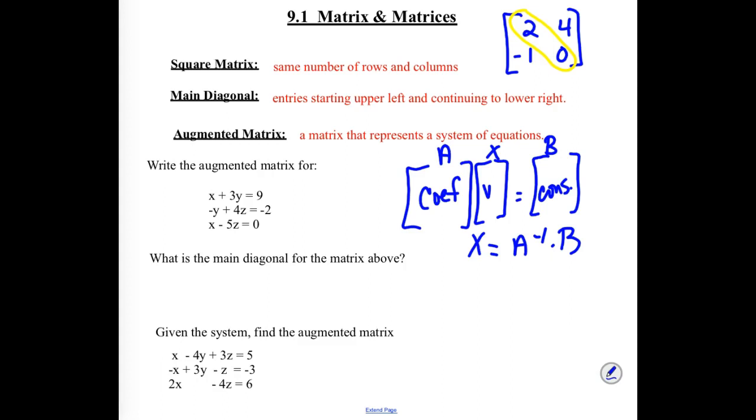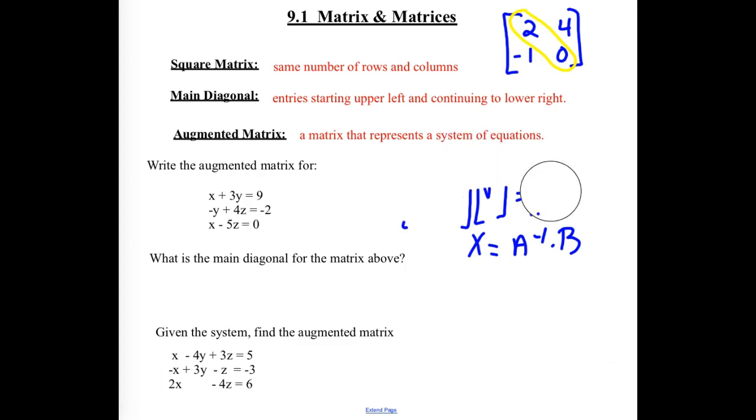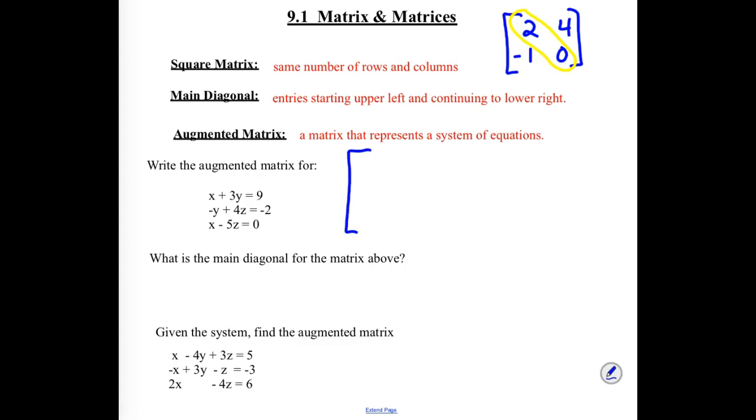We are going to set up an augmented matrix, and it's going to resemble more closely what we did back in Chapter 8, where we solved a system by adding and multiplying, that kind of idea. Okay? So, an augmented matrix for this. We have all of the coefficients on the left, and then most books, not every book, but most books put a dotted line, and then in the final column, they put the constants.